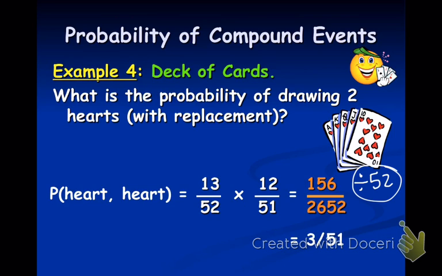And we should get 3 over 51. So again, we divide by 52, and it reduces down to 3 over 51. For cases like this, it actually might be easier to reduce this at the beginning in order to not get such a big number over here. All right, let's go ahead and move on to the next example.